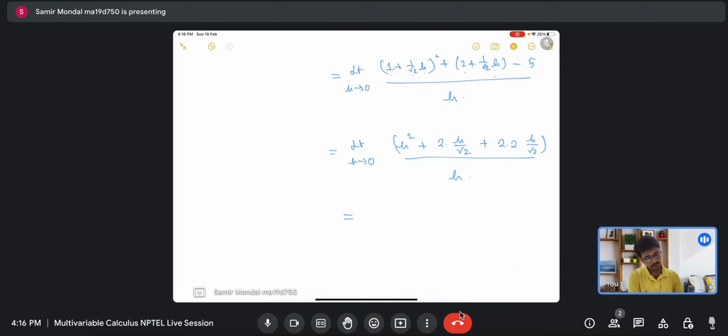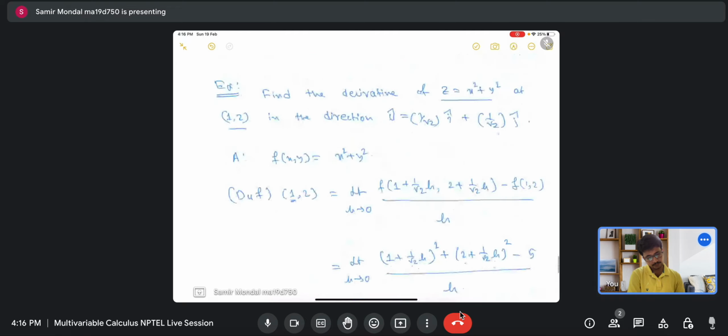So ultimately we are getting 6 by root 2. This is your answer.